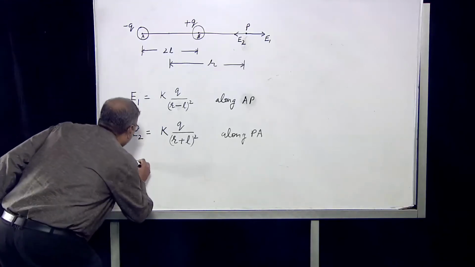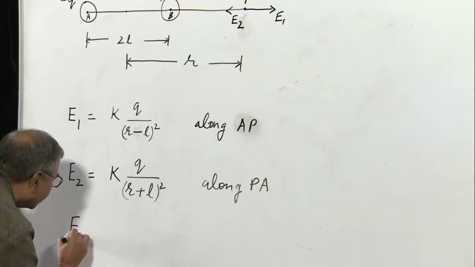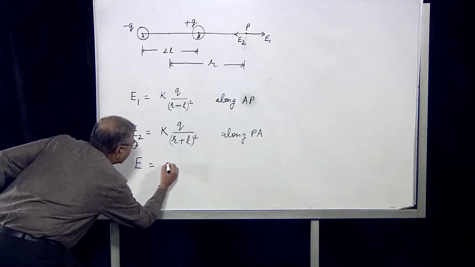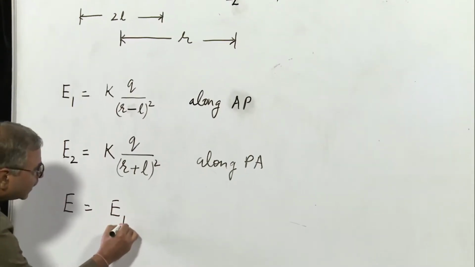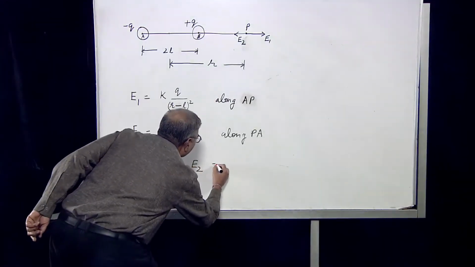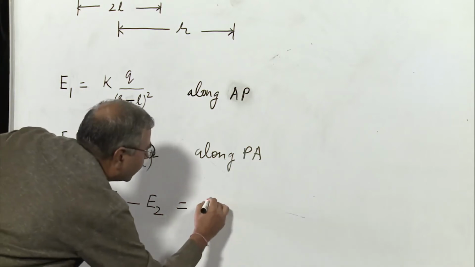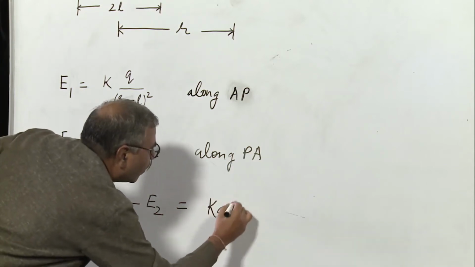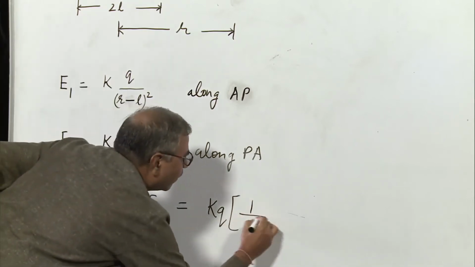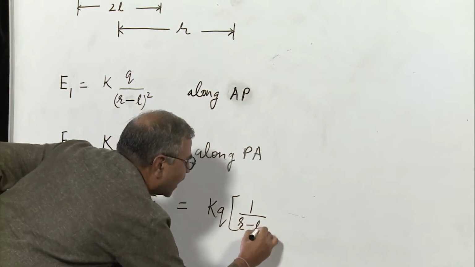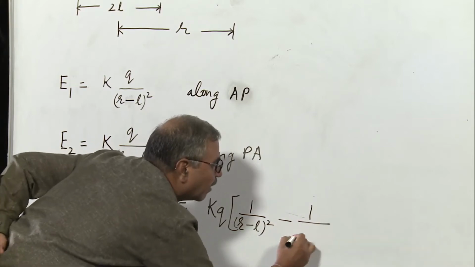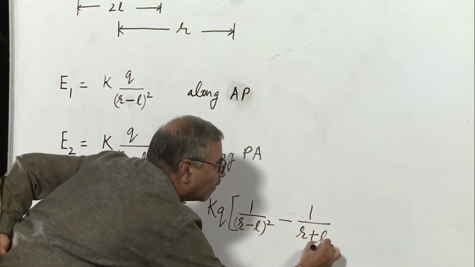So, the net electric field at point P will be E, and E is equal to E1 minus E2. It will be K Q, 1 upon R minus L whole square minus 1 upon R plus L whole square.